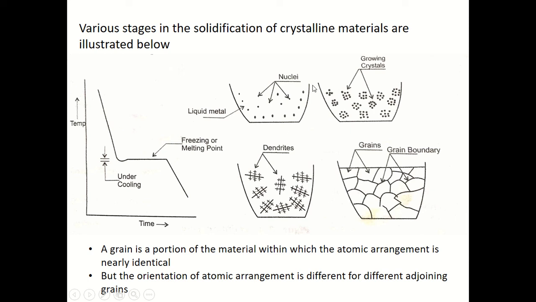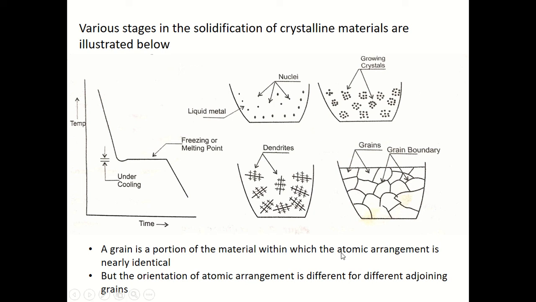You can see that at different parts of the liquid metal the nuclei start forming, and atoms are added to them and they convert into growing crystals. Then they form a dendrite, and from the dendrite this is the final crystal which is formed. You can see different grains which are separated by grain boundaries. These are the various stages in the solidification of a crystalline material.